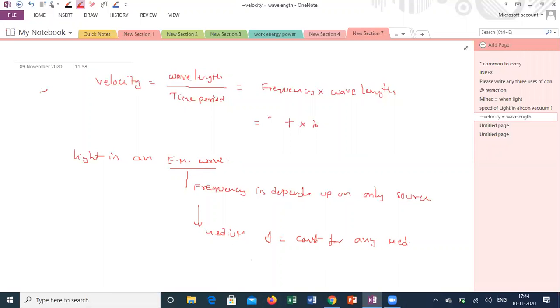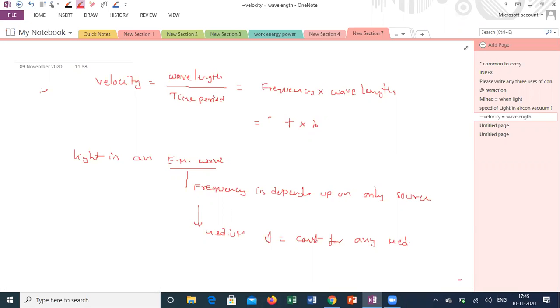So frequency will not be affected, even if the light is passing through water, alcohol, turpentine oil, diamond, ruby, or whatever transparent material you take. The frequency of light doesn't change. But the lambda, the wavelength of the wave, changes whenever it enters some other medium. So lambda is changing and frequency remains constant, which means it is slowing down. It is changing its velocity, but the highest speed found as of now is the speed of light in space.